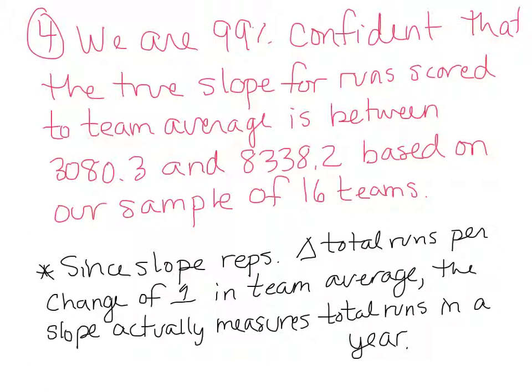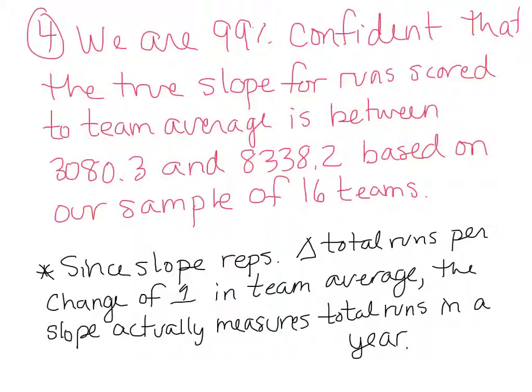Again, I'm going to note down here for you, this is not something that you really need to note. Since slope represents change in total runs per change of 1 in team average, the slope actually measures total runs in a year. So we could try to predict total runs in a year. And remember, we had a negative y-intercept of 706. So plugging in a value for team average, we're automatically subtracting 706, and then we're taking a fractional value of our slope.